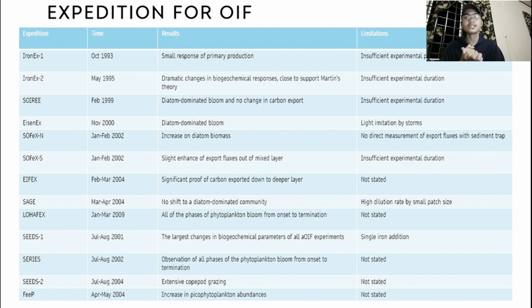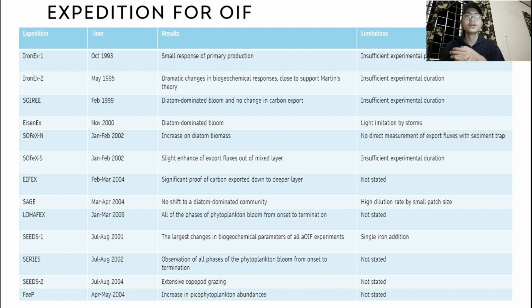There is certain research until this date, but the significant impact of OIF is only until March 2009 by the LOHAFEX expedition. I will explain Iron Expedition 1 and Iron Expedition 2, because these two researches started a great chaos and then great funding into the OIF industry.